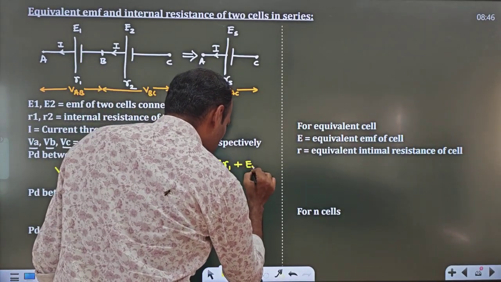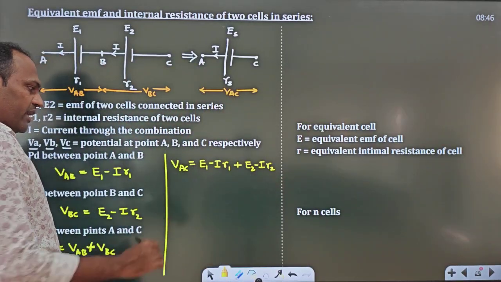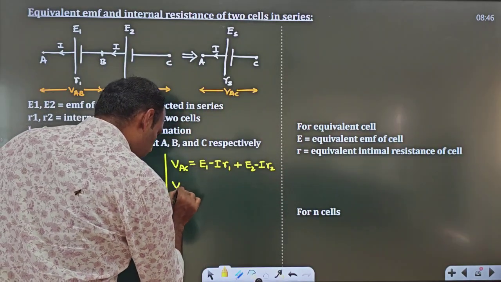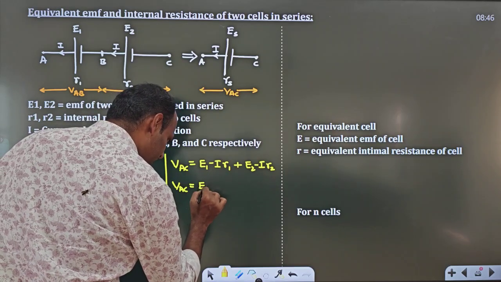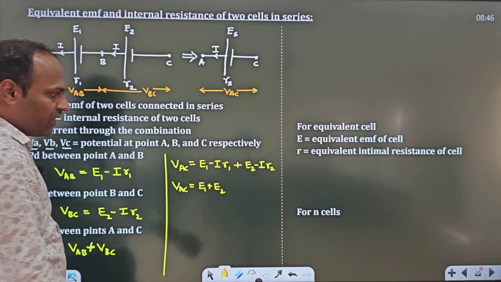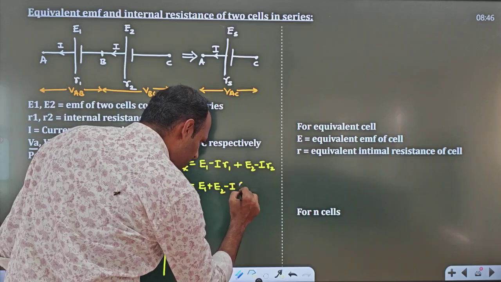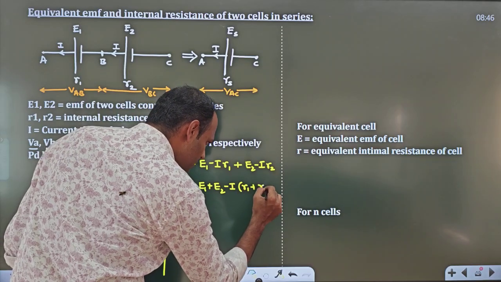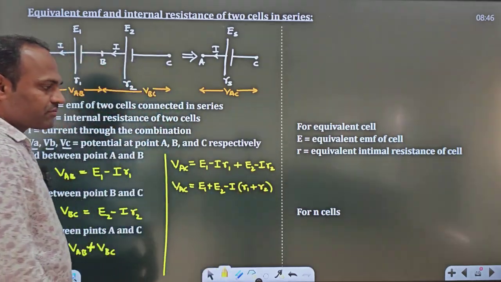Next, I will take the EMFs on one side, EMFs first. That means I will write E1 plus E2 first, minus IR1 minus IR2. I will take minus I common, and in the bracket I will get R1 plus R2.